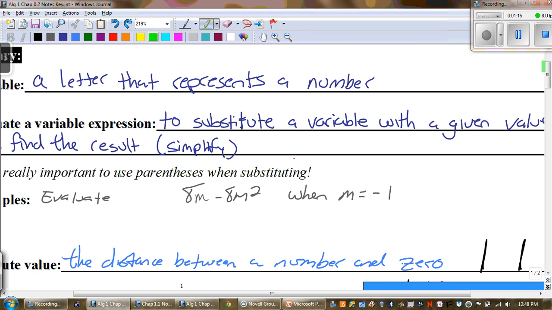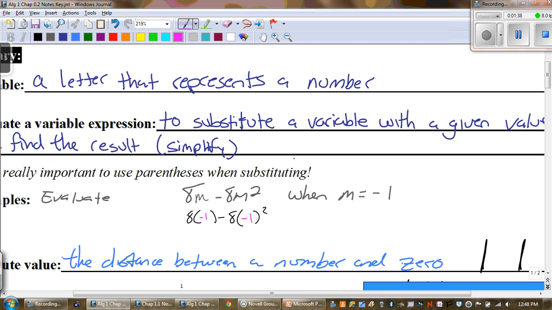It says to evaluate, and we have the problem 8m minus 8m squared when m equals -1, okay? So what we're going to do is start off with 8, and then we're going to plug in a -1.